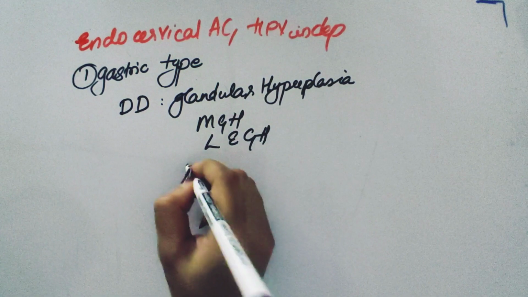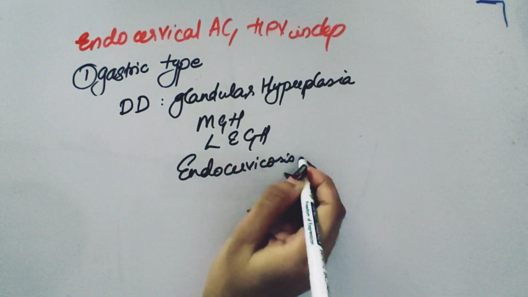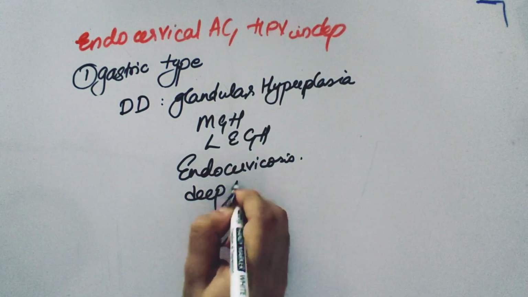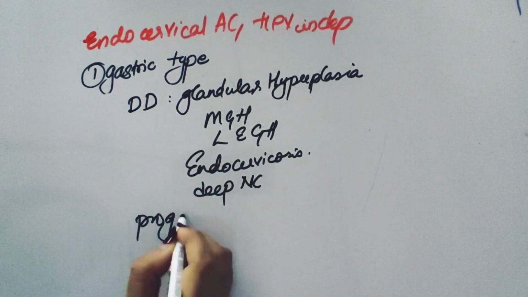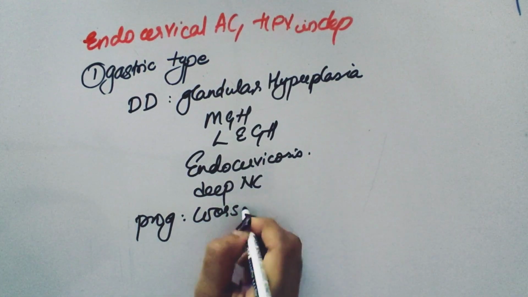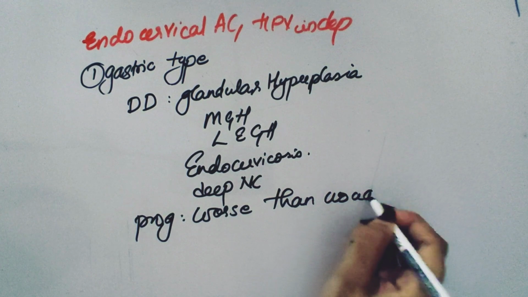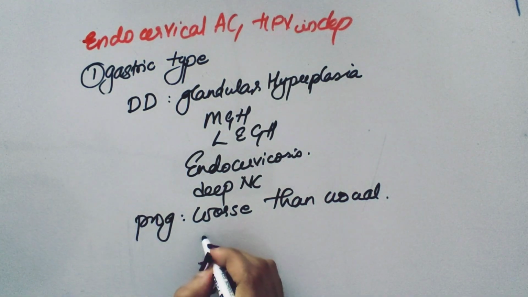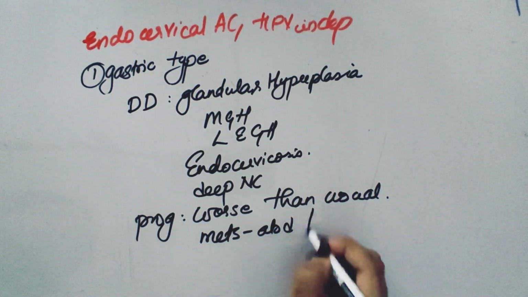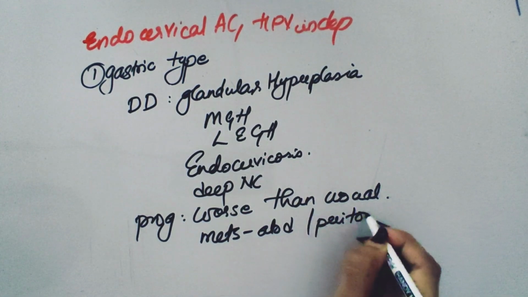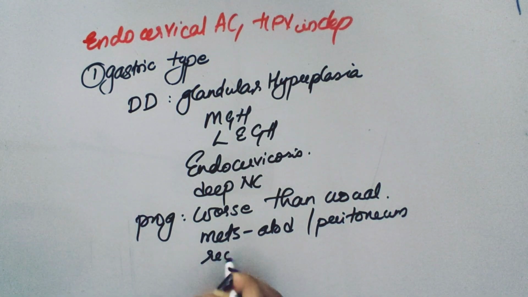And then obviously I mentioned endocervicosis, and deep Nabothian cyst. Prognosis wise, they have worse prognosis than the usual type because they can metastasize to the abdomen or the peritoneum, and they have recurrence as well.